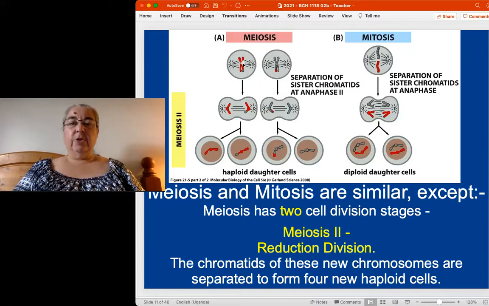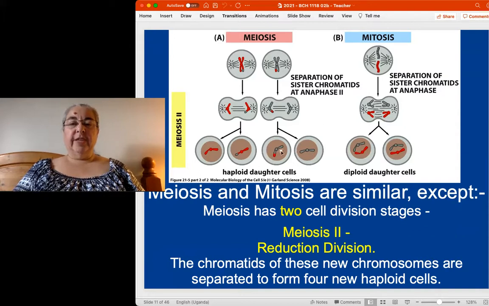Then we go on to meiosis 2, which is known as the reduction division. So here we've got 2 cells that each have 1 copy of each chromosome's genetic material. These then have to be separated again, and we end up with 4 haploid daughter cells.